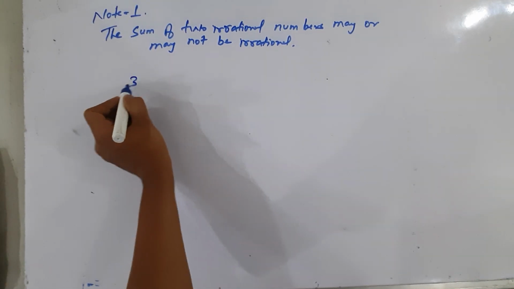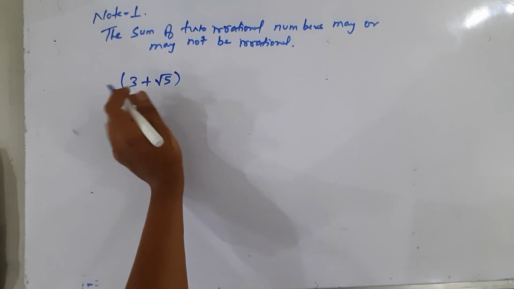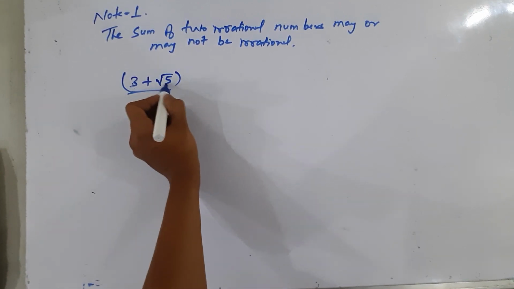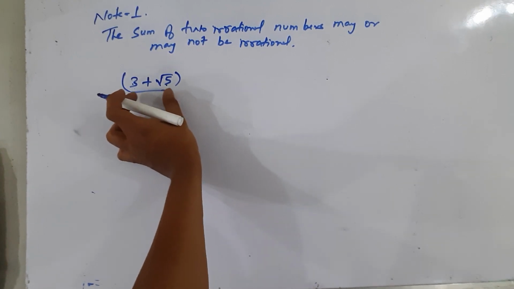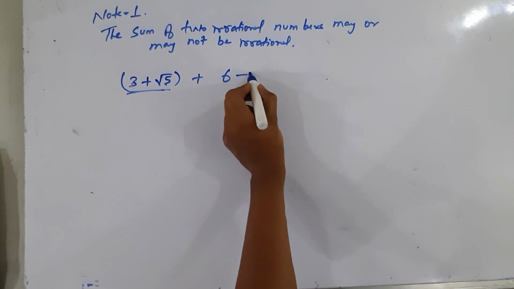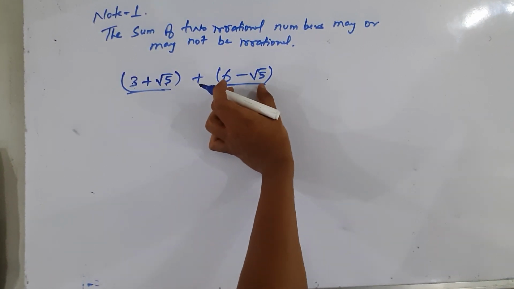If we take 3 plus root 5, is it rational or irrational? We have already discussed that rational plus irrational is irrational. So 3 plus root 5 is irrational, and if we add 6 minus root 5 to it, is 6 minus root 5 rational or irrational?